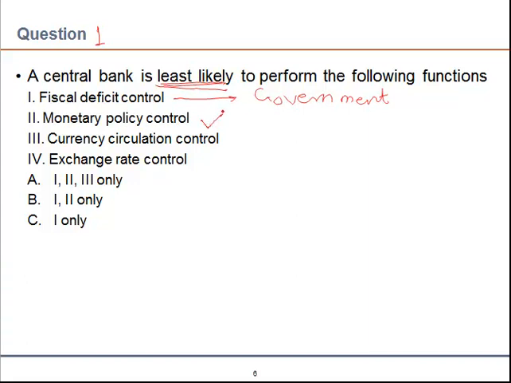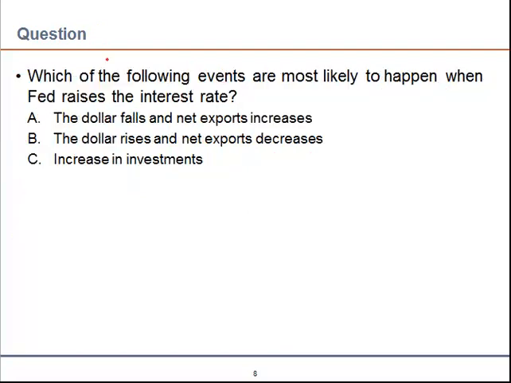Yes, this is a role of the central bank. Currency circulation control. This is also related to the central bank. And exchange rate control, this is also related to the central bank. So only fiscal deficit is a responsibility of the government out of these 4, and the second, third and fourth options are related to the central bank. So the right option in this case is option C.